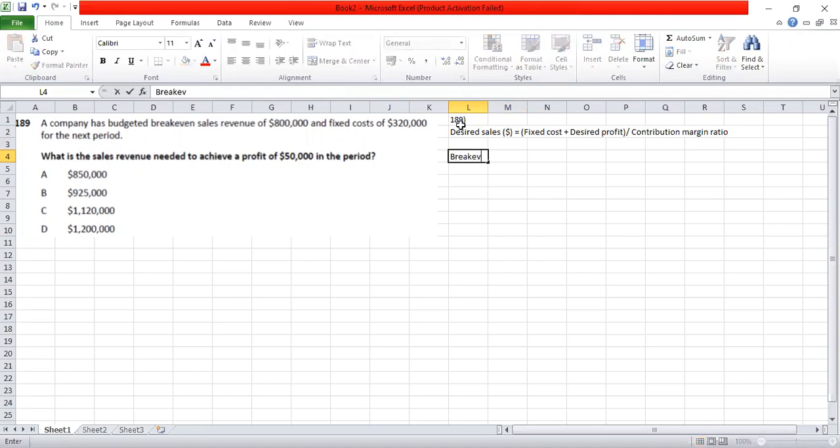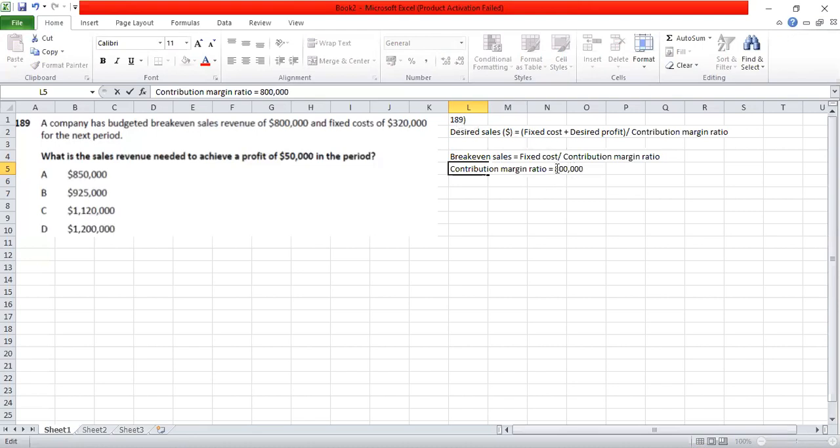So break-even sales is equal to fixed cost divided by contribution margin ratio. So now substituting that, we have contribution margin ratio is equal to fixed cost divided by break-even sales. Break-even sales are 800,000, but this goes to the denominator.